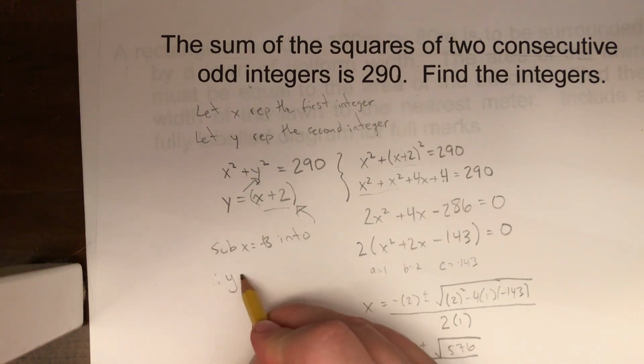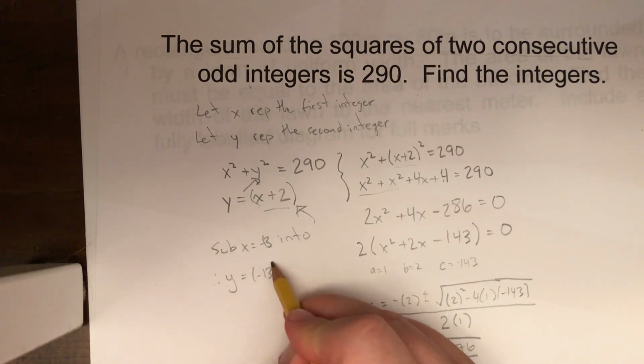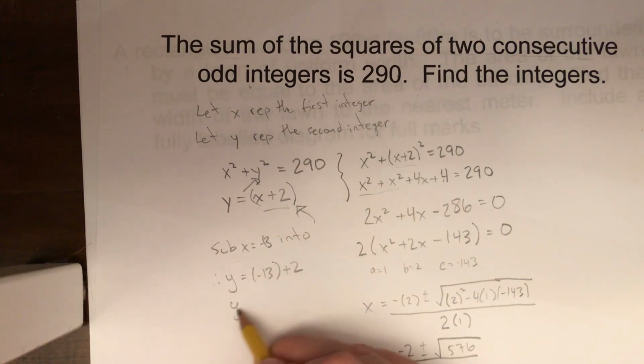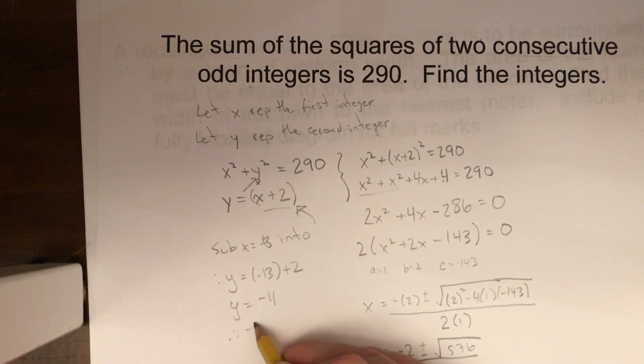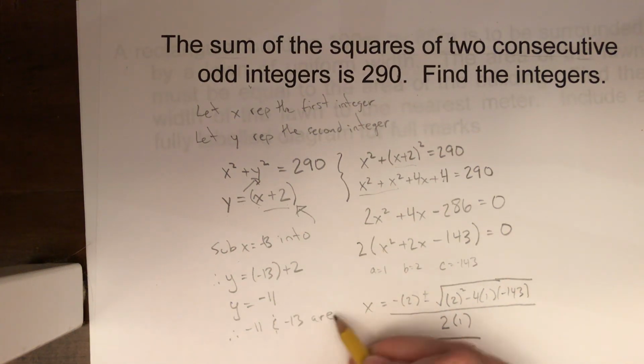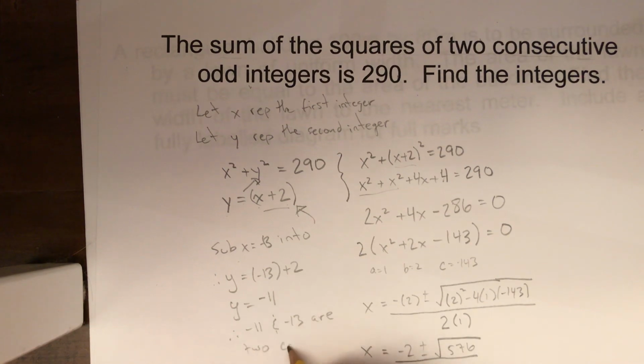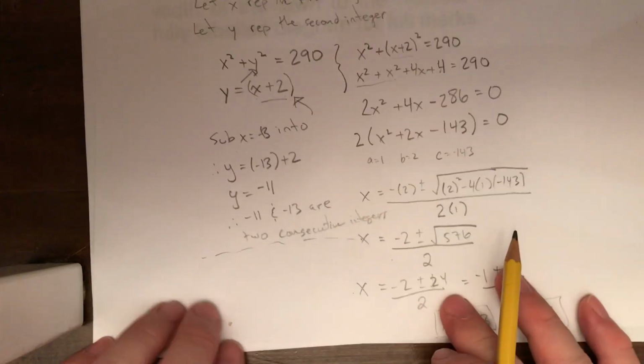Therefore, we get y is equal to -13 plus 2. y is equal to -11. Therefore, -11 and -13 are two consecutive integers.